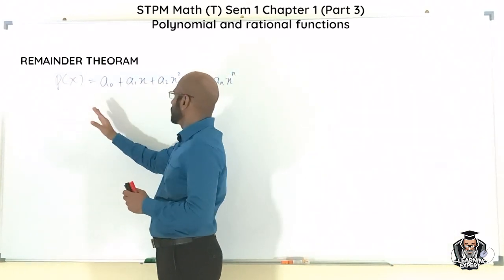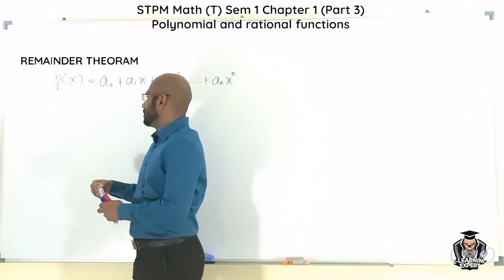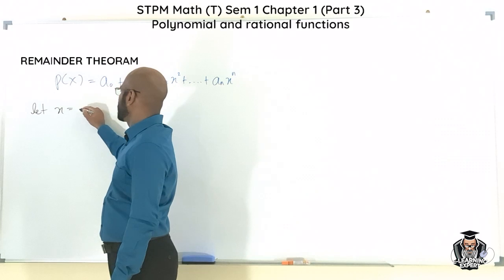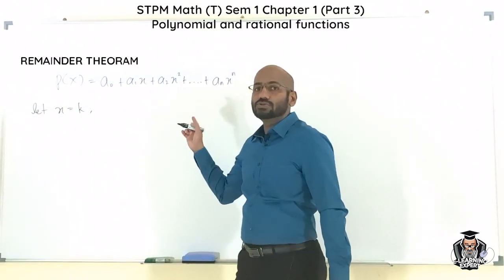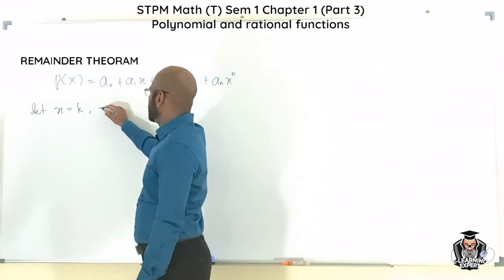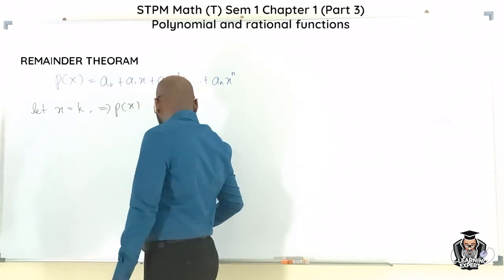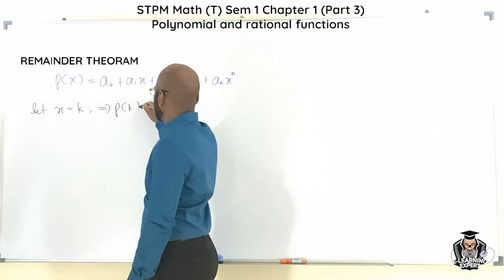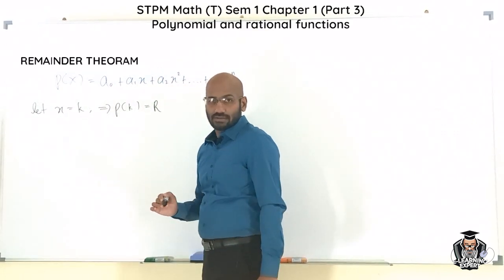If I were to substitute a value of x inside the equation by letting x equal to k, and I do not get 0, this implies that when I substitute x equals to k, I get some value here as r.